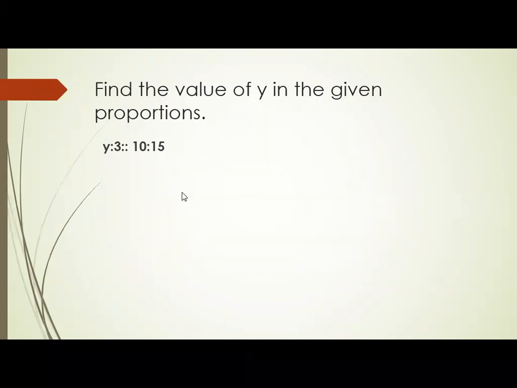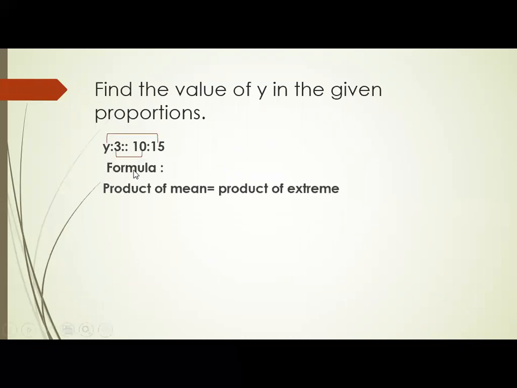Now, students, again we have to find the value of y, not x. Again we apply the formula that product of means is equal to product of extremes. So here the means are 3 into 10, and the extremes are y into 15.